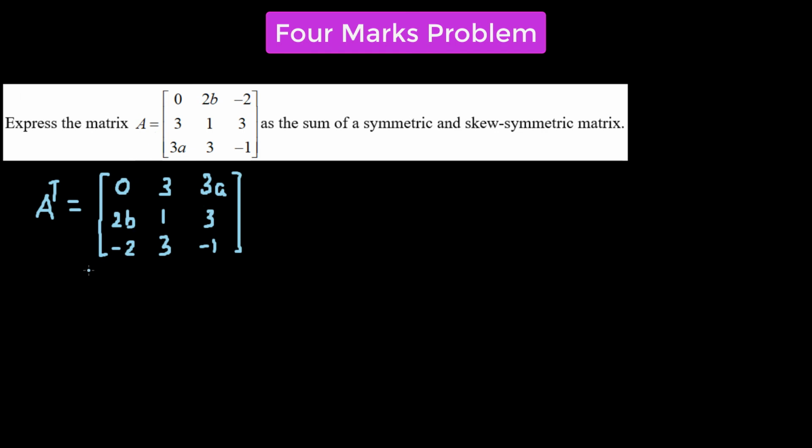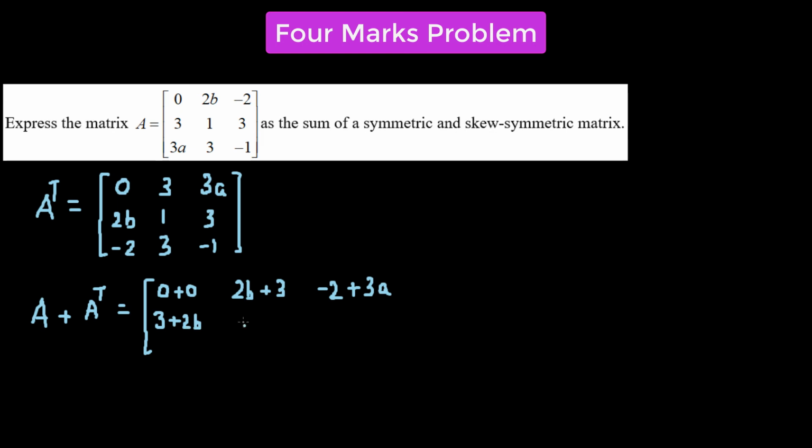Now what we do, we add A and A transpose together, A plus A transpose. So let's do it. 0 plus 0 is going to give us 0. Let's write it down. Then we have 2b plus 3, and negative 2 plus 3a. Then we have 3 plus 2b, and 1 plus 1, and 3 plus 3.